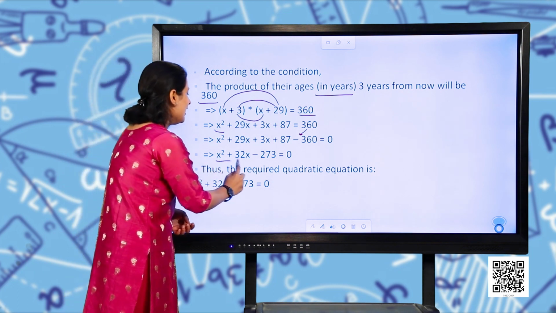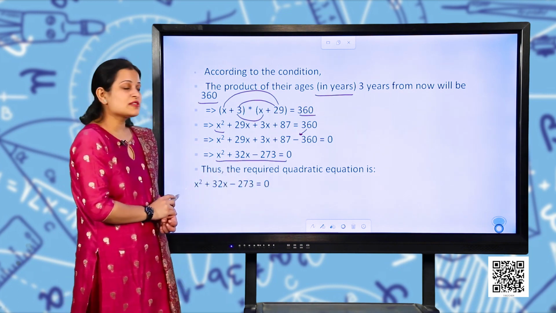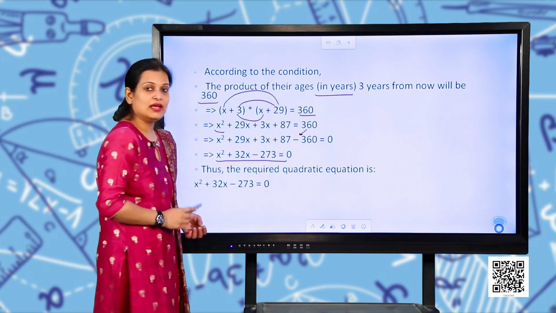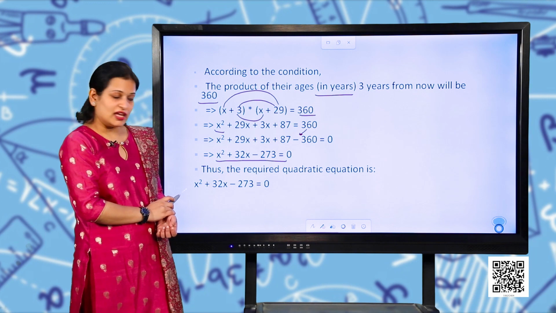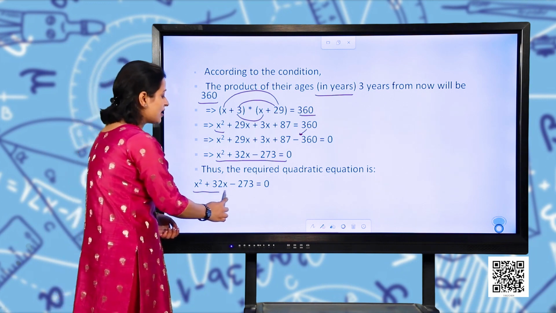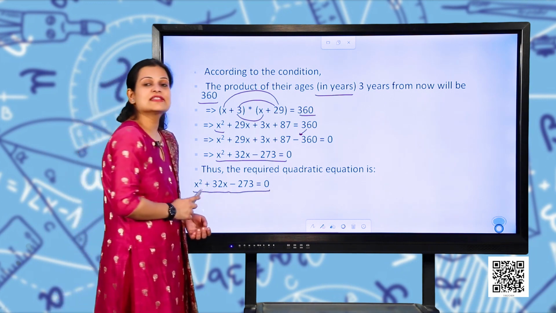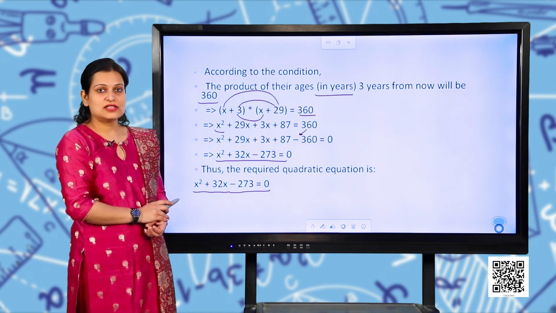So you will get x square plus 32x minus 273 equals 0. Thus, the required quadratic equation is x square plus 32x minus 273 equals 0.